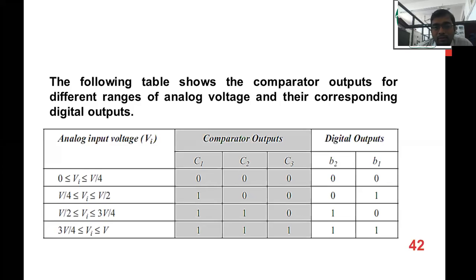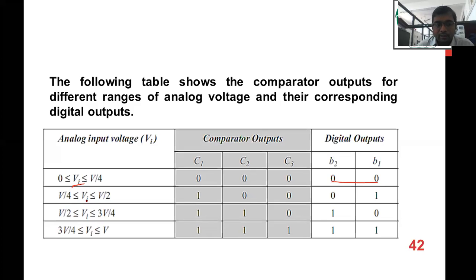All these possible cases are represented through this table. You can take a screenshot of this table as well. This table describes the comparator outputs for the different ranges of analog input voltage and the corresponding digital outputs. The first case we have already discussed: Vi between 0 and V by 4, all three comparators are 0, so the output would be 0, 0.